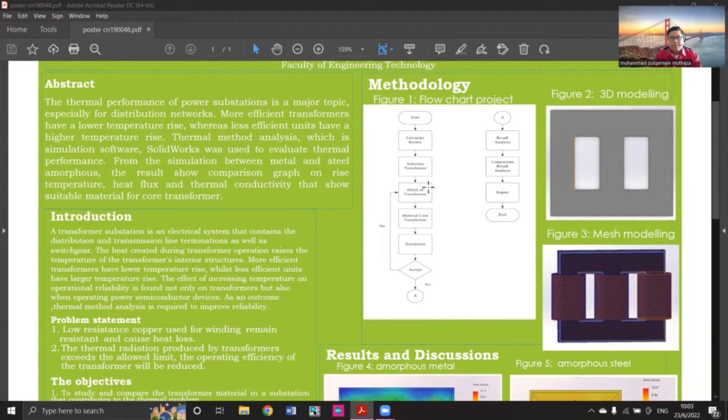After that, the core material, where I want to compare two materials, which are metal and steel.